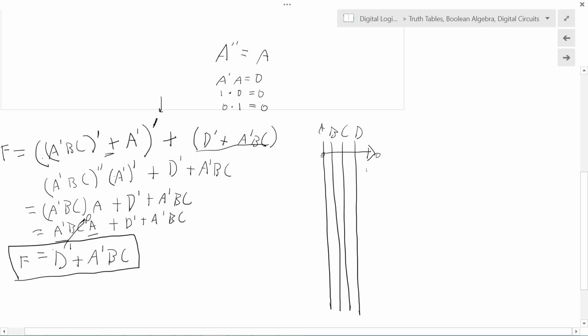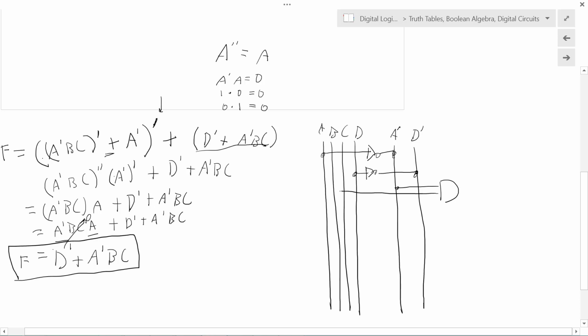A prime, D prime. And so we can create one AND gate for A prime and B and C.